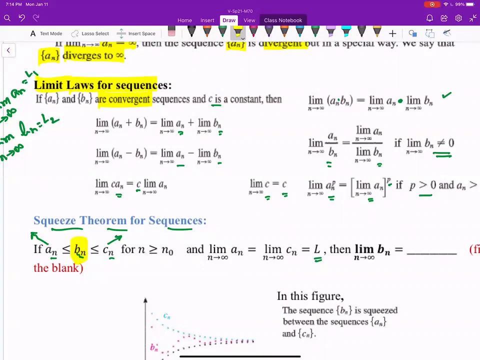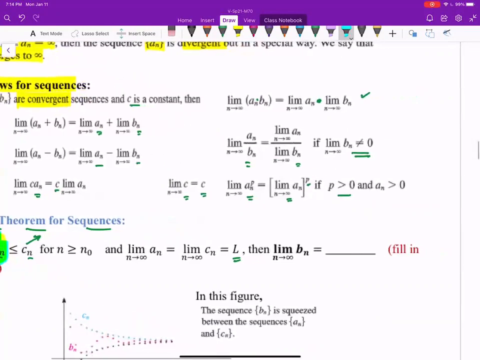Imagine it is a sandwich. You have vegetables and cheese in between two bread slices. So you have the top one approaching the limit L, the bottom one approaching the limit L. The middle one has nowhere else to go but to the limit where the end sequences approach, which is L here.